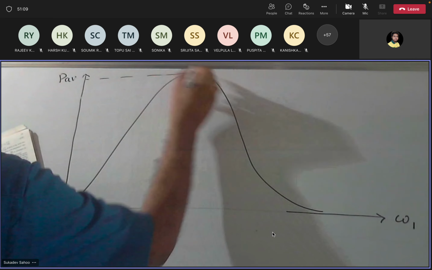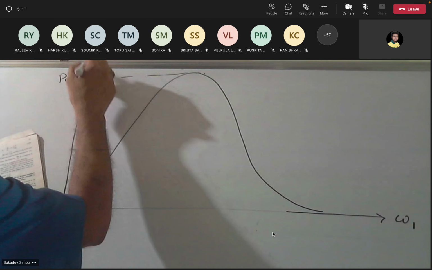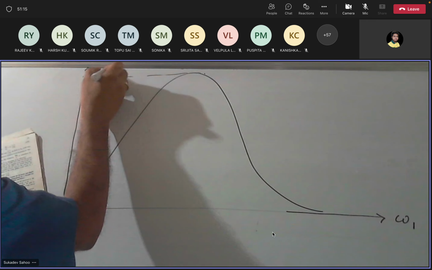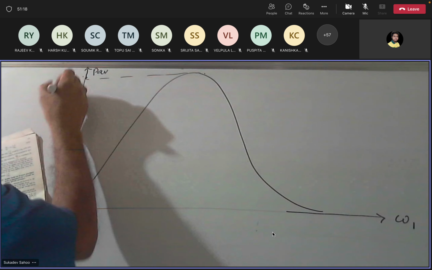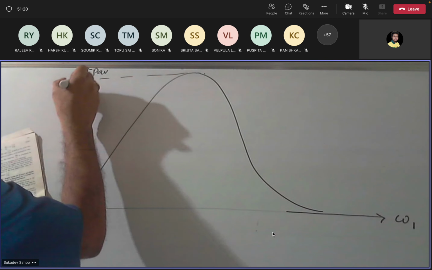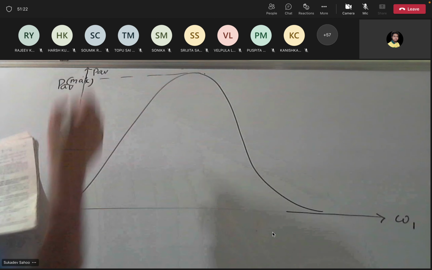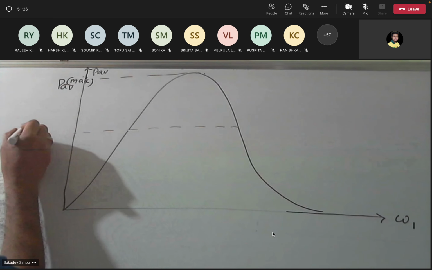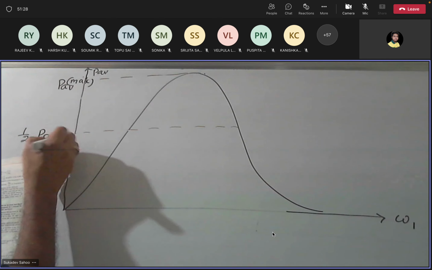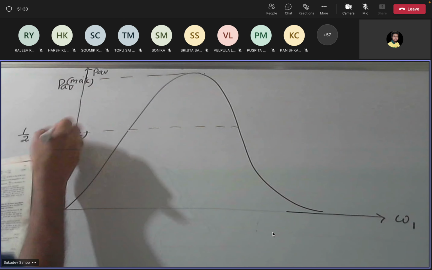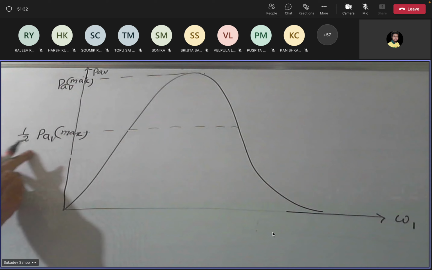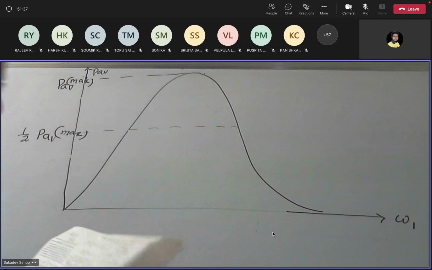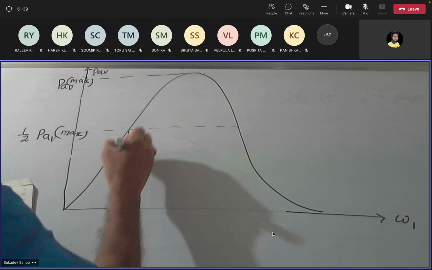Suppose this is the maximum value, P average max. Then we will consider this is the value of half P average max, half of the average maximum power. Okay. Here we have obtained 2 points.